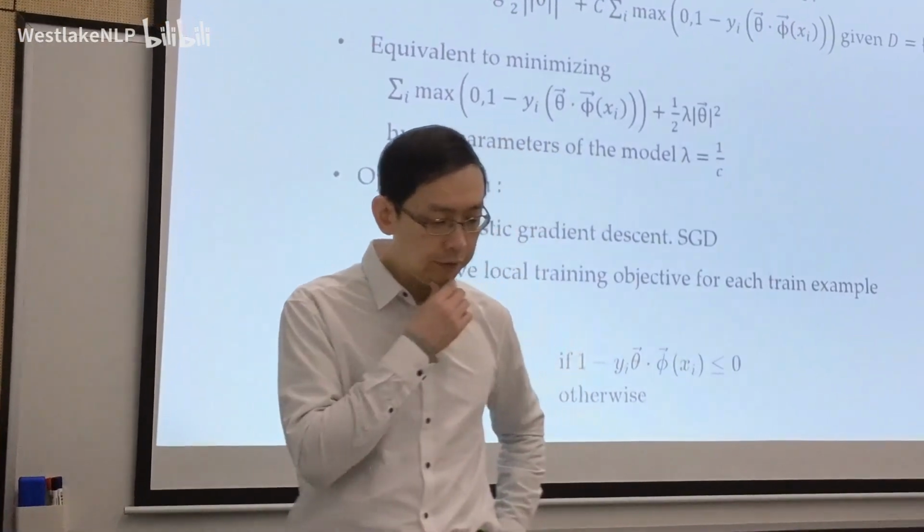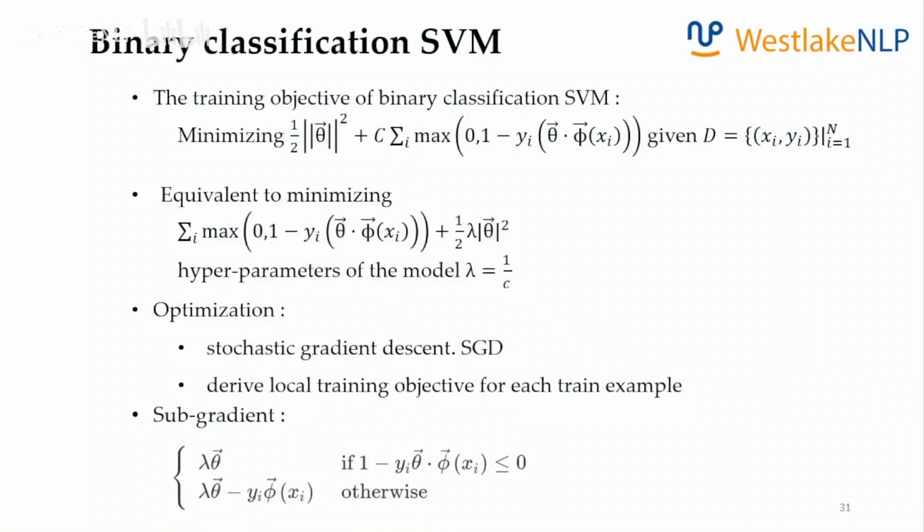So a half of theta squared, easy. We can have a derivative. But there is a maximum function. A maximum function doesn't have a derivative. It doesn't have a well-defined derivative, right? Because there's a hinge point. At this hinge point, you don't know the derivative. So what do we do?